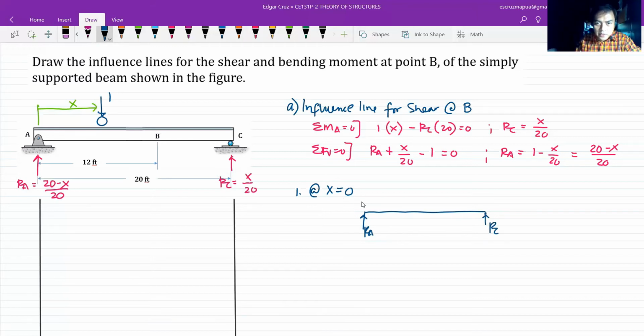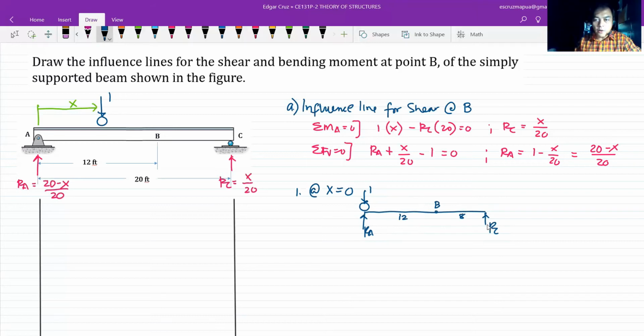When x is equal to 0, that means the unit load is located at A, and here is point B. This is 12, and of course this is 8, because the total is 20.